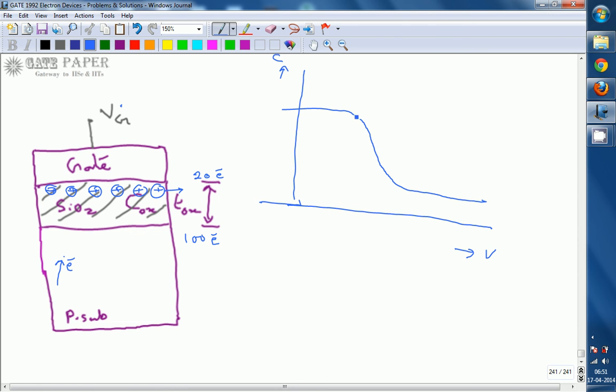Before this point it is accumulation mode, and after this point it is the strong inversion region, which is the third case. In between is the second case, depletion mode, which comes whenever you are applying more voltage. If positive charges are present, you require less voltage, so you get a characteristic curve like this.